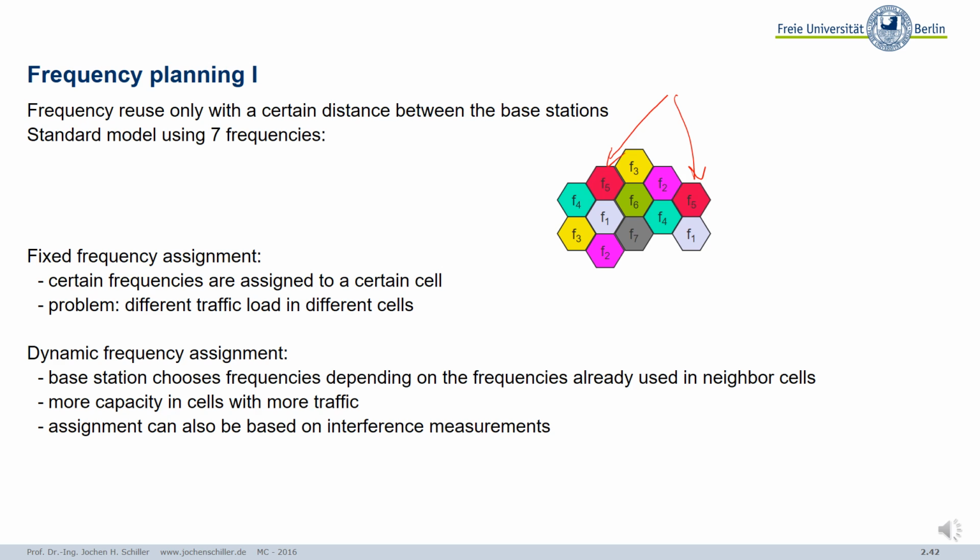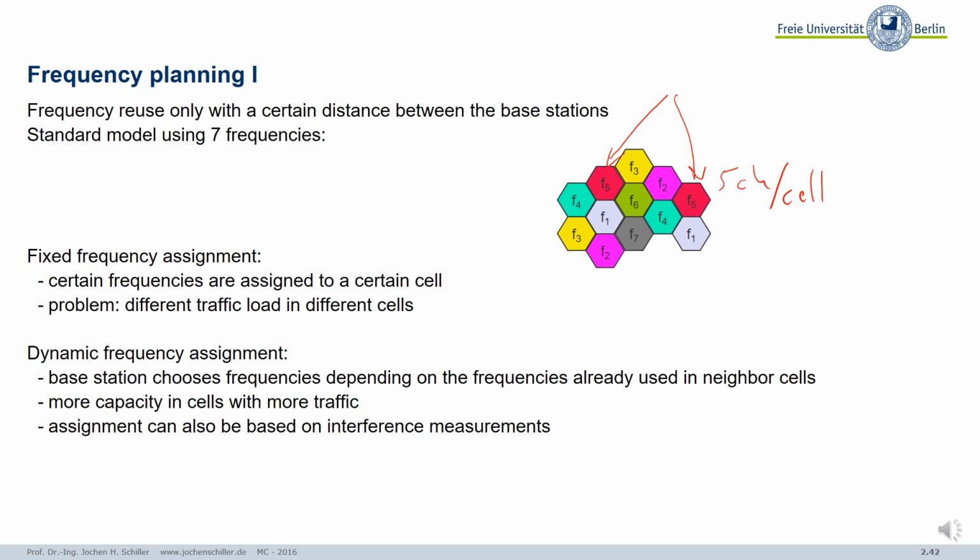You can adjust the number of frequencies or channels available in the cell depending on the load. So you can say, okay, usually we have, for example, 5 channels per cell. But if there's a big event in some of the cells, we reassign some of the channels from the neighboring cells to this cell.